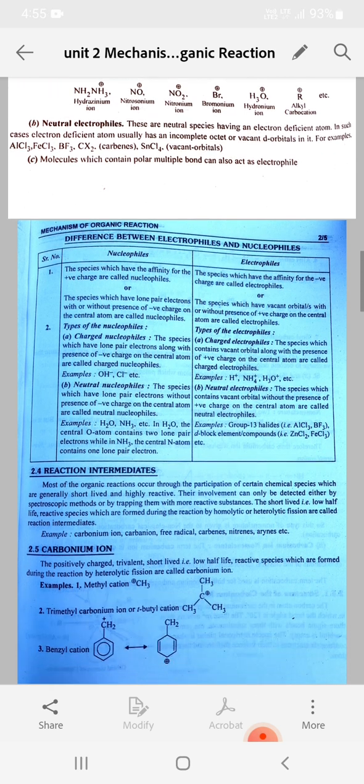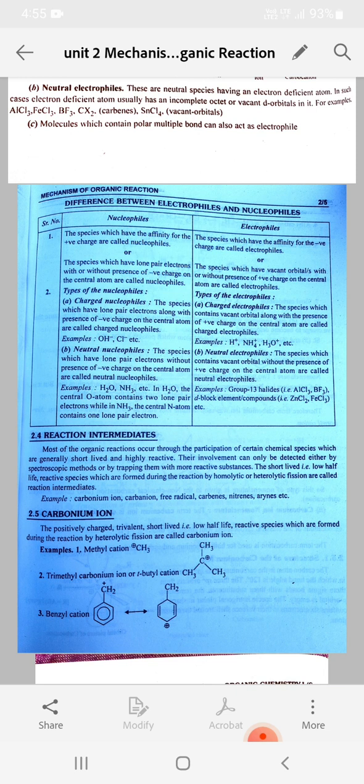Then we move forward to reaction intermediates. Most organic reactions occur through the participation of certain chemical species which are generally short-lived and highly reactive. Their involvement can only be detected either by spectroscopic methods or by trapping them with a more reactive substance.